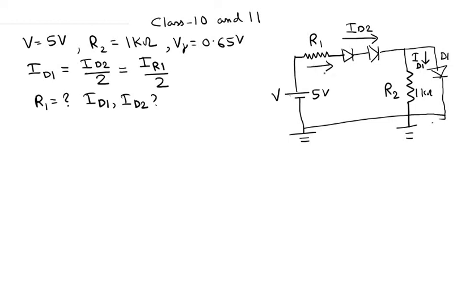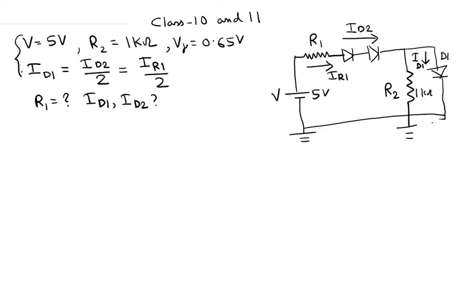ID2 is equal to IR1 because they are connected in series. So you are asked to find R1, ID1 and ID2, provided that this information is given to you.